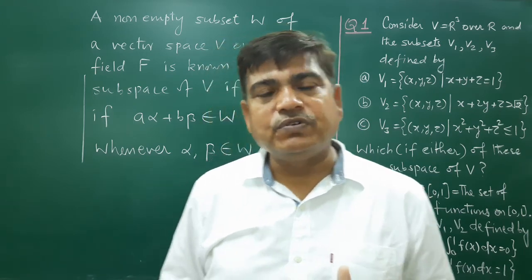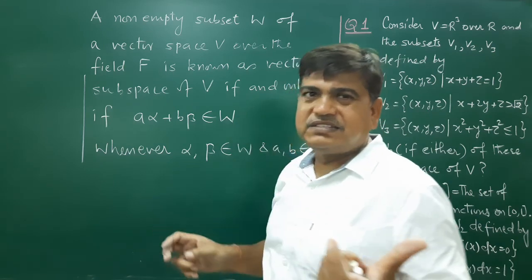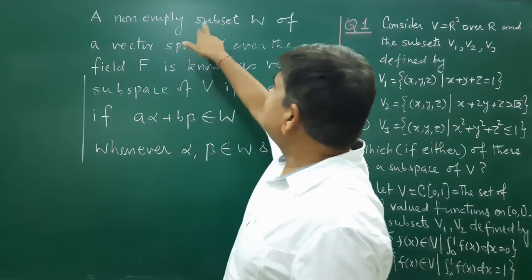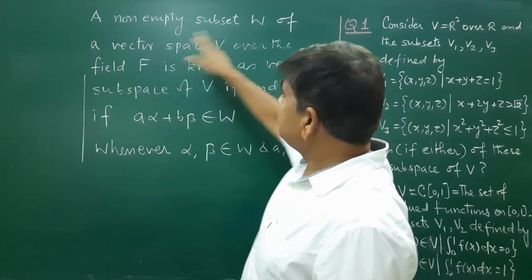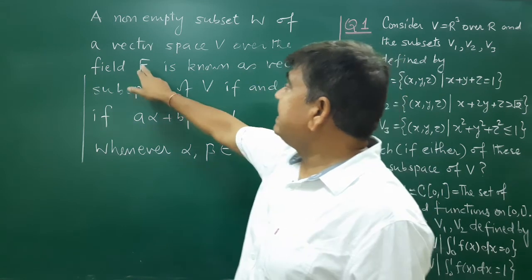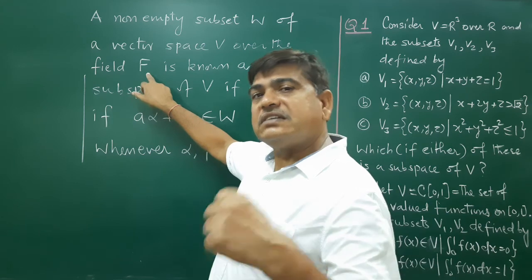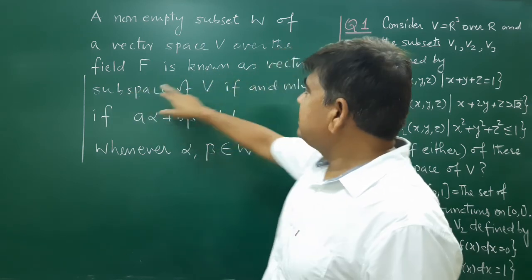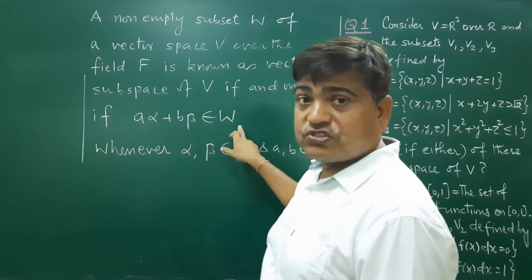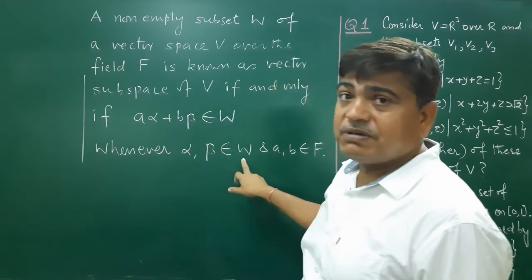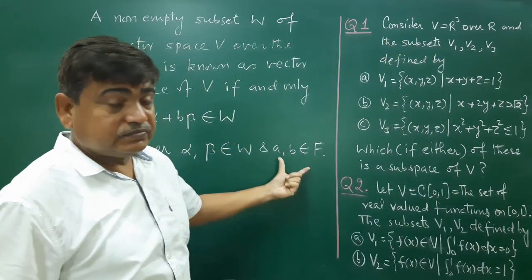In that, we have to prove the closure property, but this way, it is a single condition. So this is the second definition: a non-empty subset W of a vector space V over the field F. If the field is not given, we will consider the field to be the set of real numbers. W is known as a vector subspace of V if and only if A alpha plus B beta belongs to W whenever alpha, beta are members of W and A, B are scalars from the field.